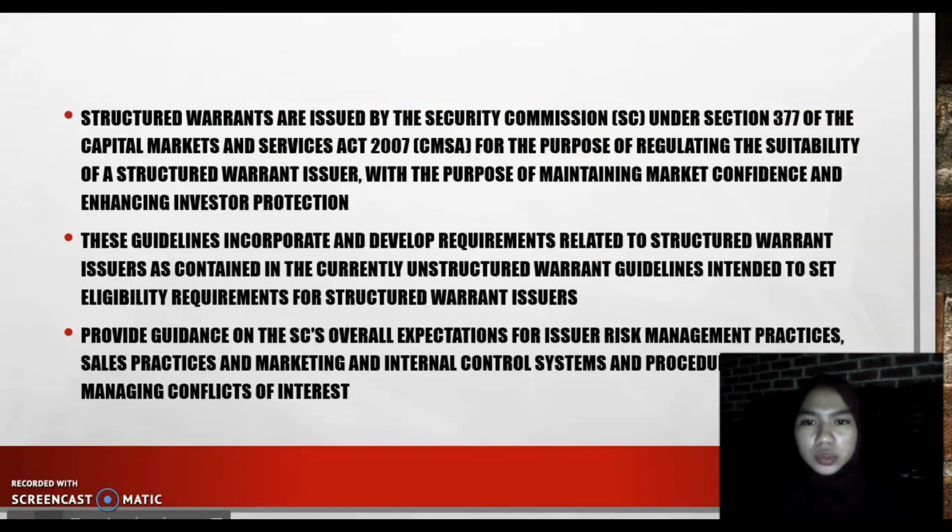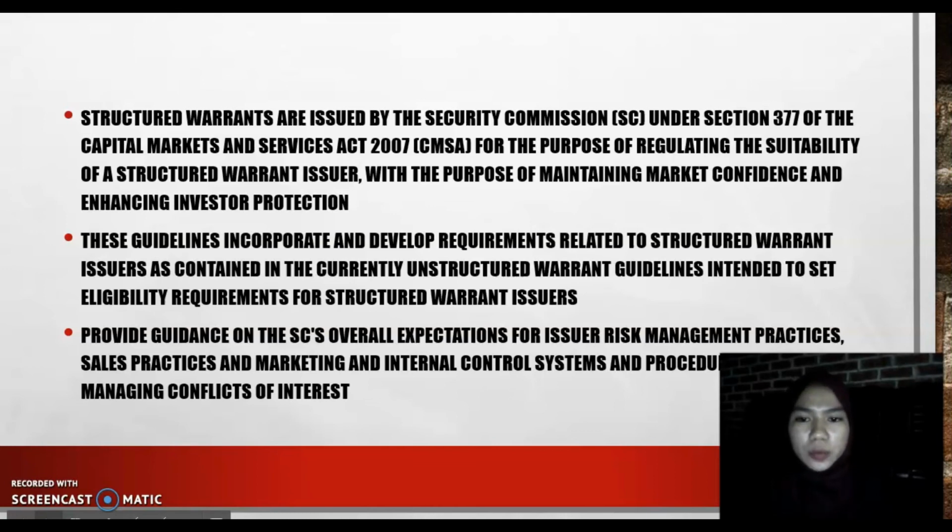Structured warrants are regulated by the Securities Commission under Section 377 of the Capital Markets and Services Act 2007 for the purpose of regulating the suitability of a structured warrant issuer, maintaining market confidence and enhancing investor protection.